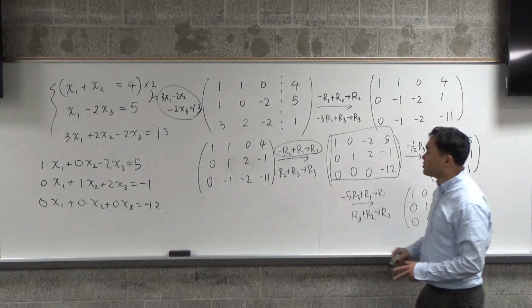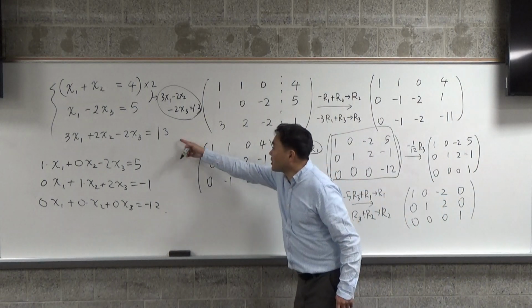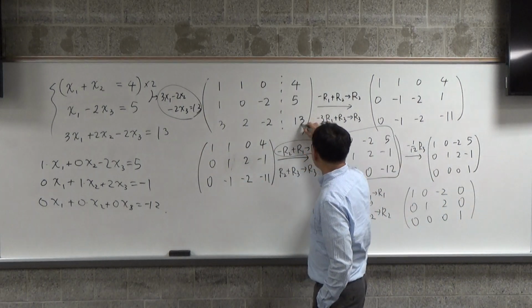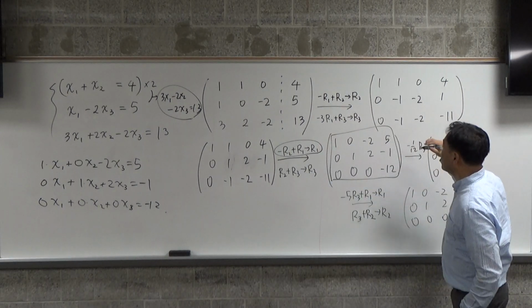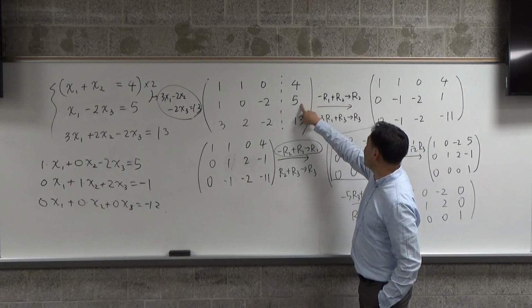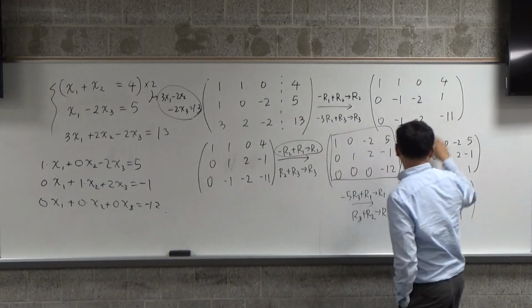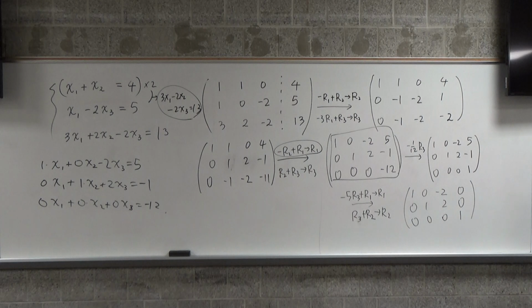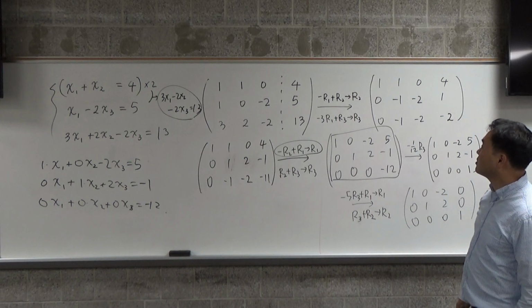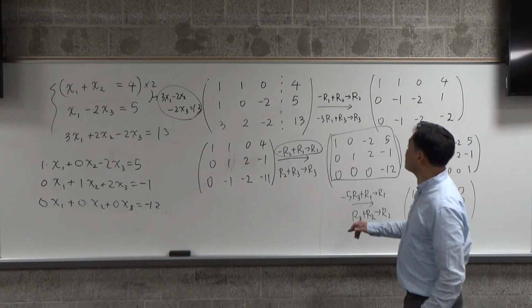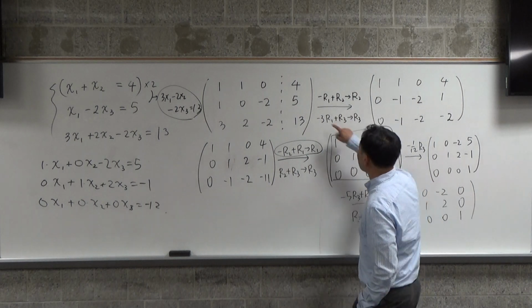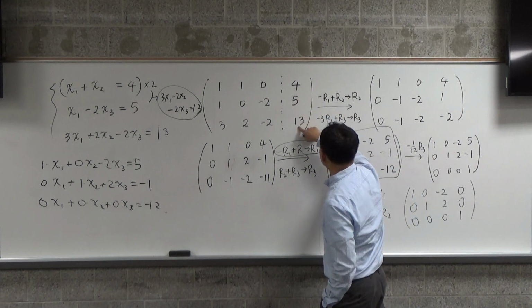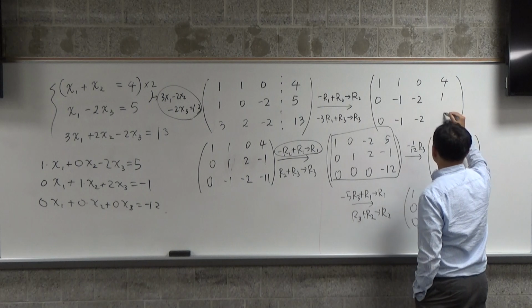So if that happens, let's just look at that one. If this is 13, then taking 3 times this 15 and subtracting here, it gives you -2. Okay? And then, is that right? -3 of this plus this will give you a +1, right?